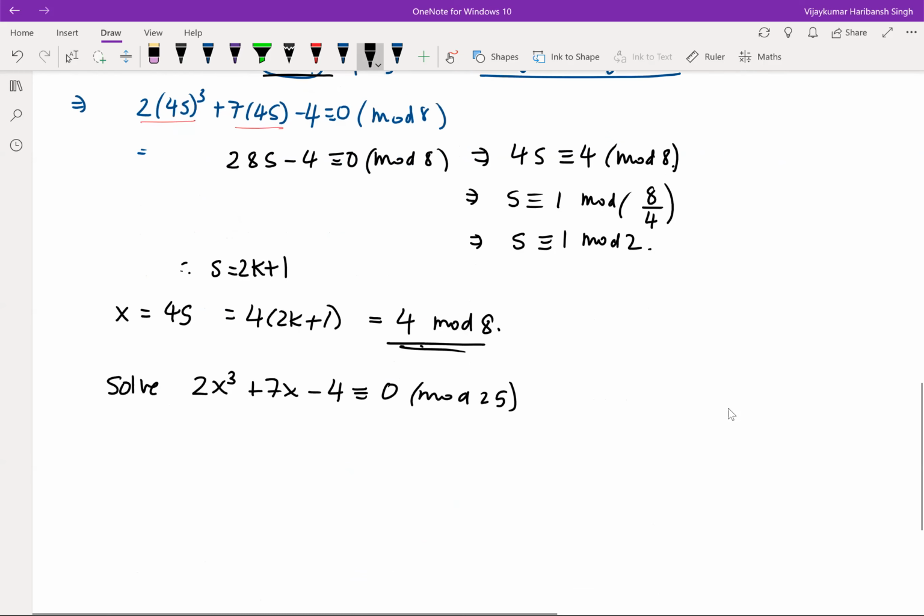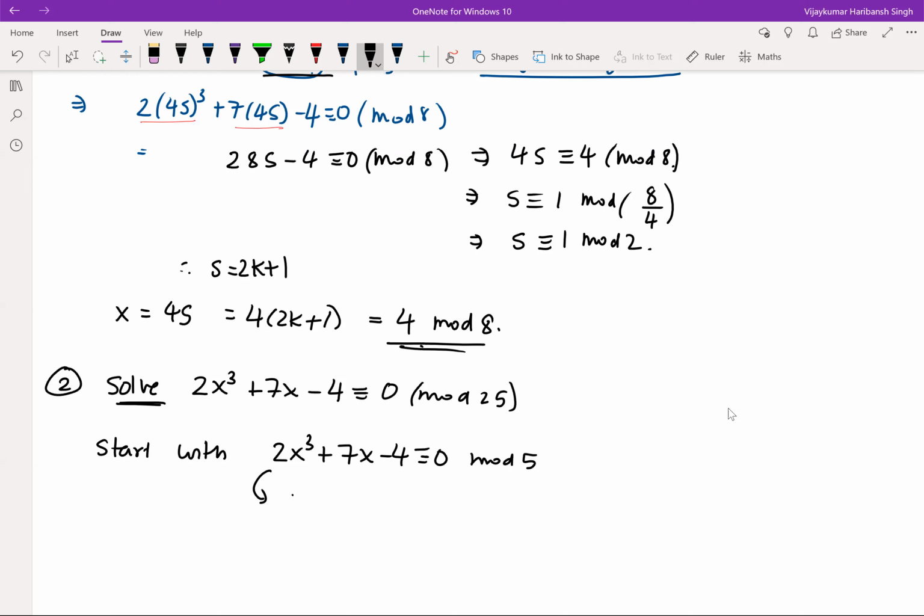So start with 2x cubed plus 7x minus 4 congruent to 0 mod 5. Let's see what the solution is mod 5. This can be reduced to 2x cubed plus 2x plus 1 congruent to 0 mod 5.